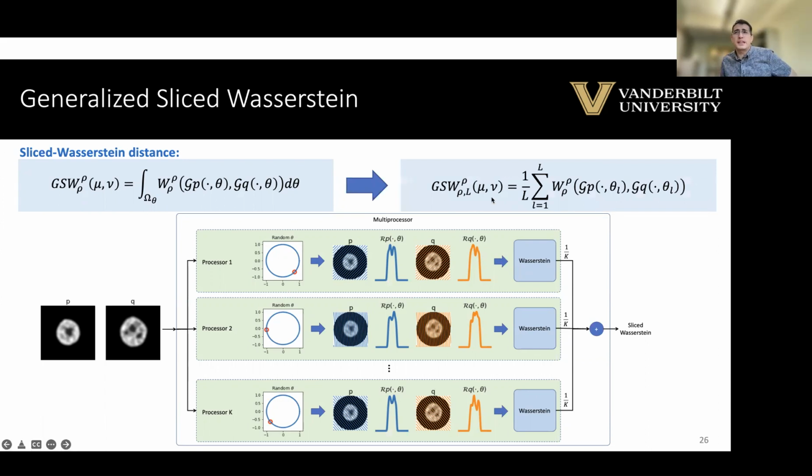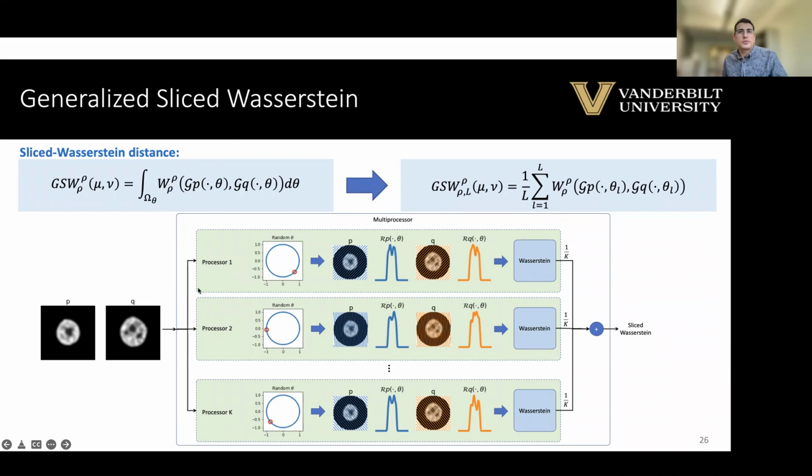So in a discrete case, let's say we approximate this integral only with L slices. So we are going to have an average of the Wasserstein distance between these one-dimensional distributions, each one of them being the Lth slice of P and Q, right?